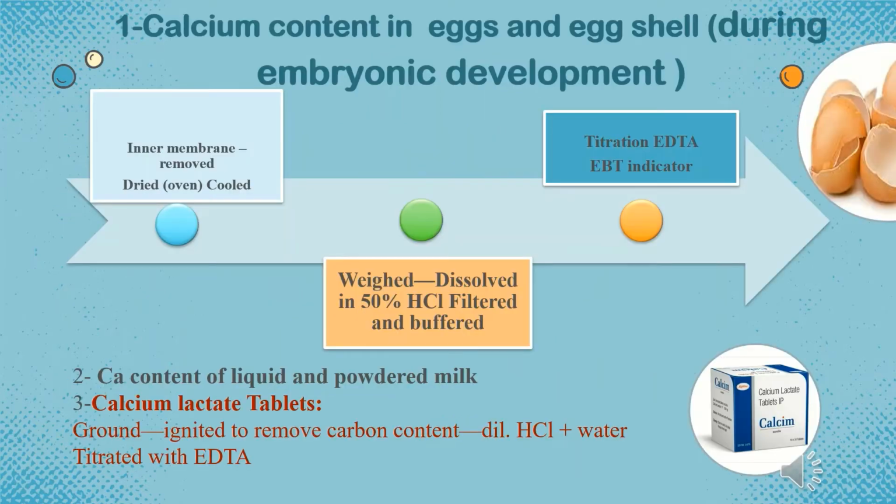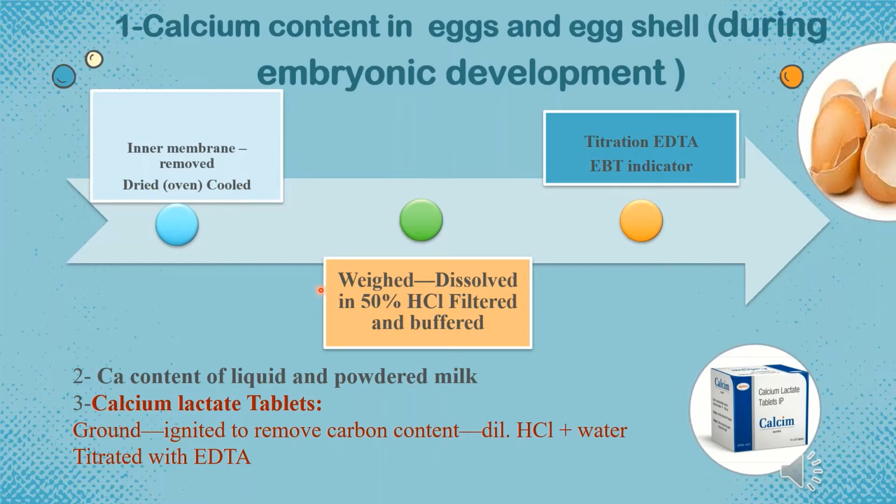The first application is determining calcium content of eggs and eggshells, or studying calcium content during the embryonic development. Calcium is the major inorganic constituent in eggs and embryos. The eggs are first separated into shell, yolks, albumin, and embryos, etc. For the eggshells, the inner membranes are first removed, and the shell is dried in the oven and then cooled in a desiccator and weighed on the analytical balance.